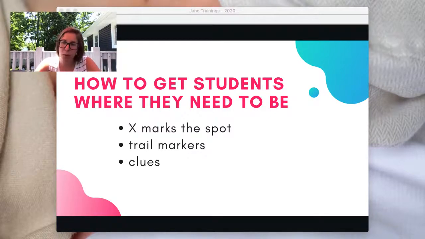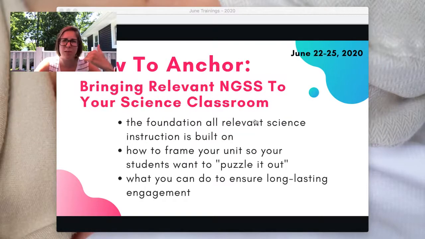One other thing that's really important, and we're not going to talk about it today, but it's going to be something we talk about in the free training that I'm doing next week, how to anchor, is the role of relationships in exploration and discovery. It's a free training delivered by email: how to anchor, bringing relevant NGSS to your science classroom.